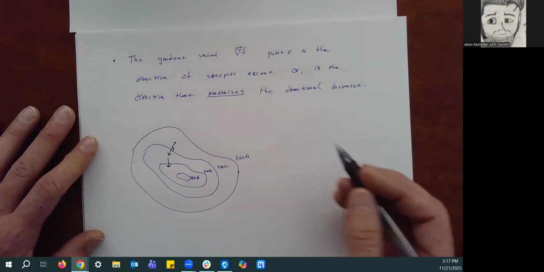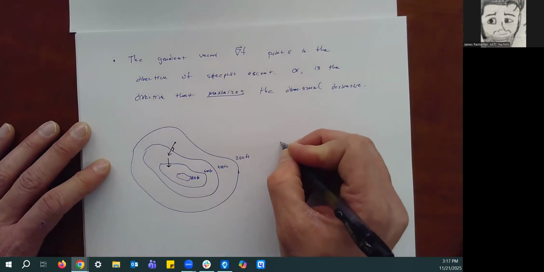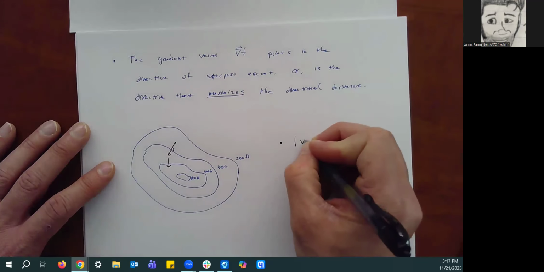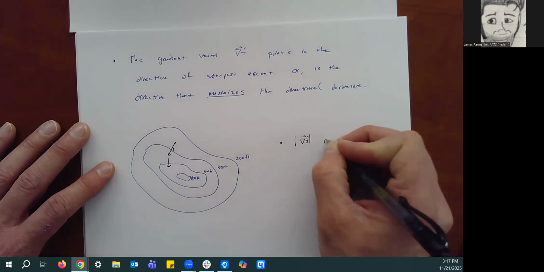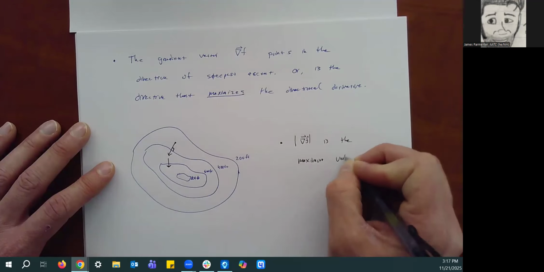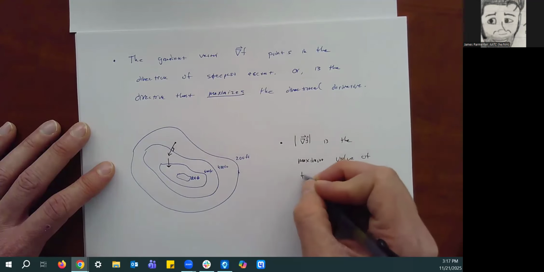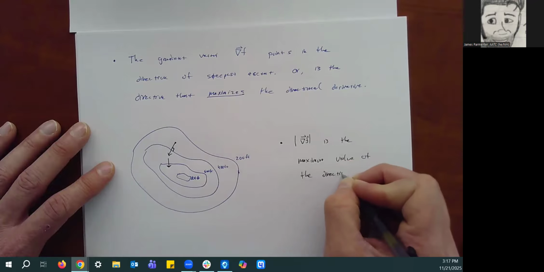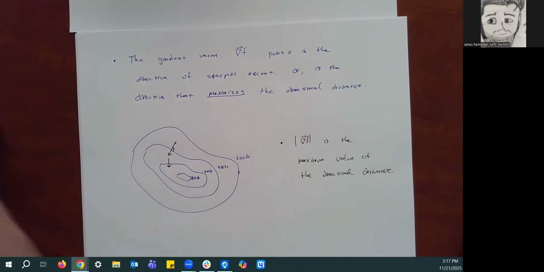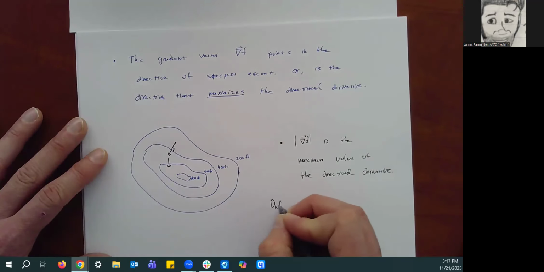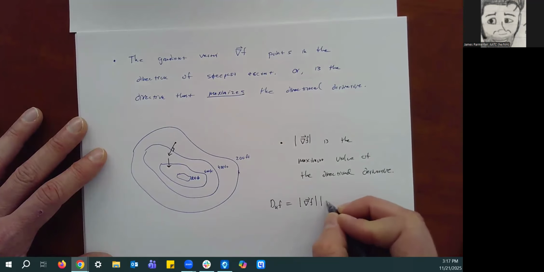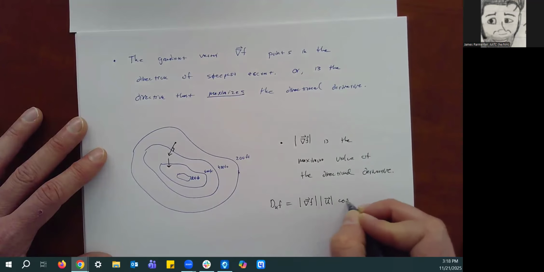Also, the last thing I want to remind you of is that the magnitude of the gradient is the maximum value of the directional derivative, which we talked about last time, because the directional derivative equals the magnitude of the gradient times the magnitude of your unit vector times cosine of the angle between them, right?